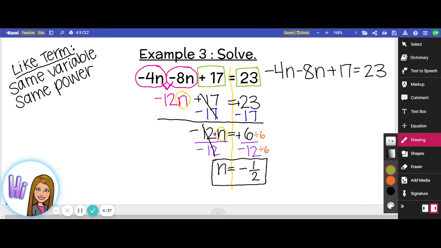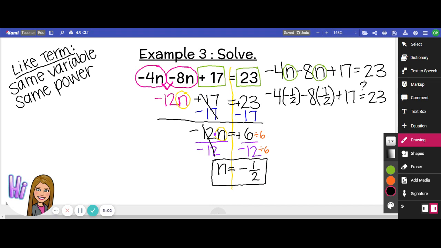And remember, whenever we see an n, we're going to instead write negative 1/2. I'm going to do negative 4 times negative 1/2, minus 8 times negative 1/2, plus 17. Is that equal to 23?